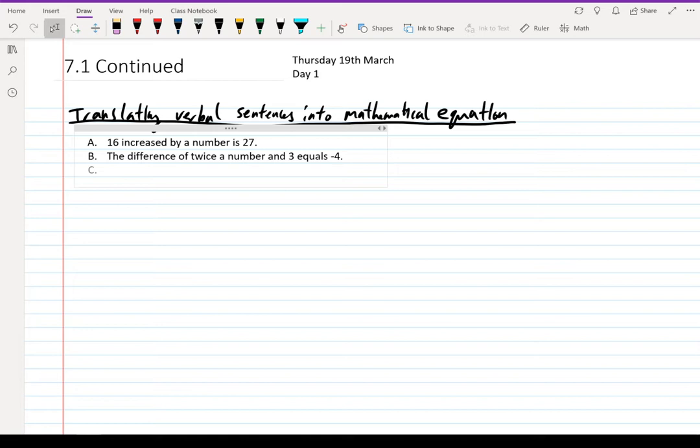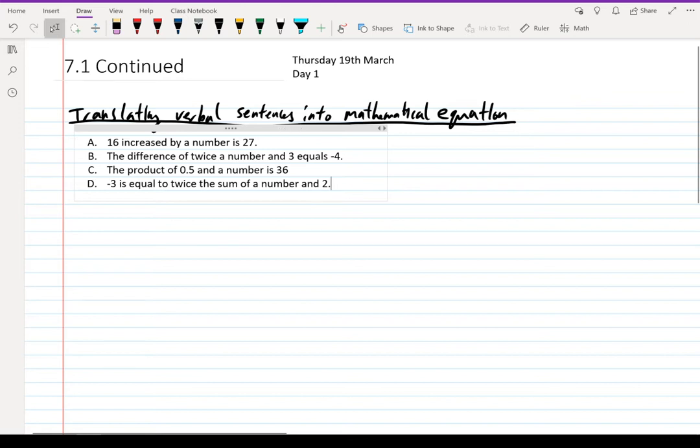This is very long and confusing. C: the product of 0.5 and a number is 36. D: -3 is equal to twice the sum of a number and 2. So we have four different verbal sentences over here.